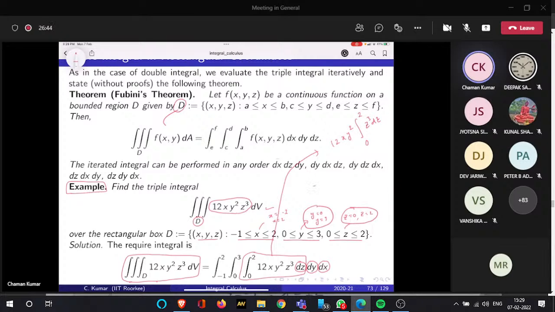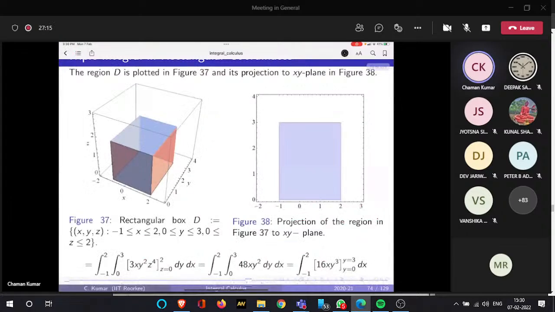Then dz, which means you have 12xy squared and z cubed integrates to z raised to 4 divided by 4 over the range 0 to 2, which means you have 48xy squared. Okay, so you get 48xy squared here.